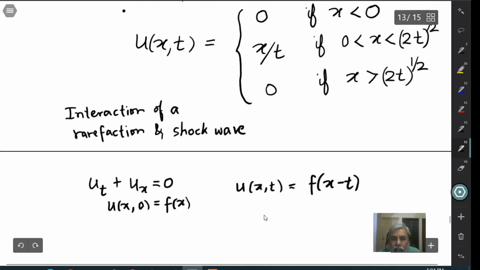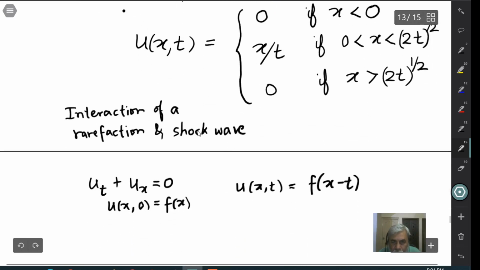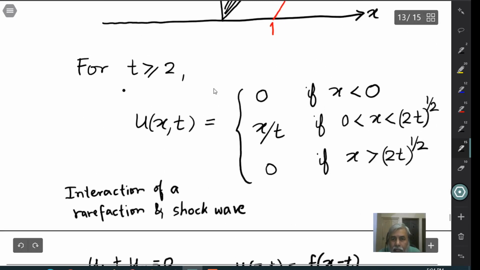Whereas in this case it's a non-linear problem, so it changes the initial profile.